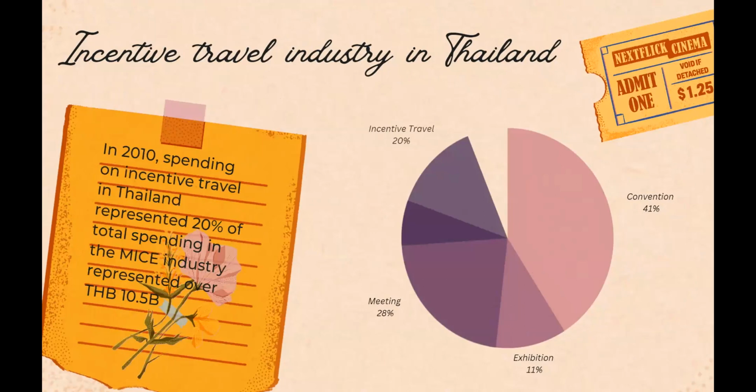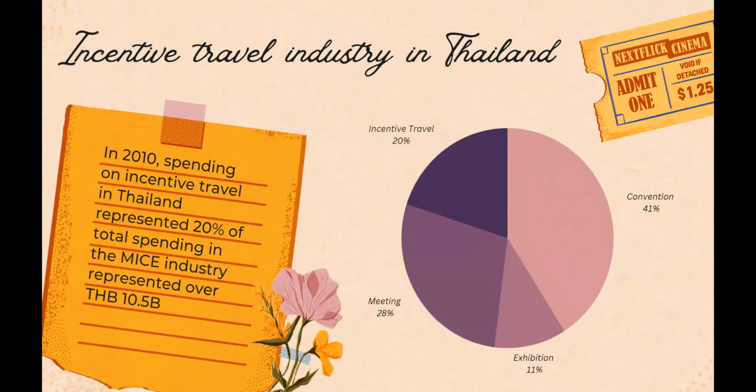This is a topic about the incentive travel industry in Thailand. As you can see from the chart, in 2010, incentive travel in Thailand represented 20% of total spending in the MICE industry, over 10.5 billion Thai baht.